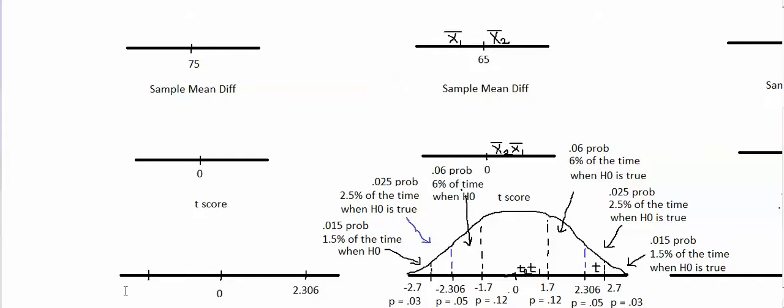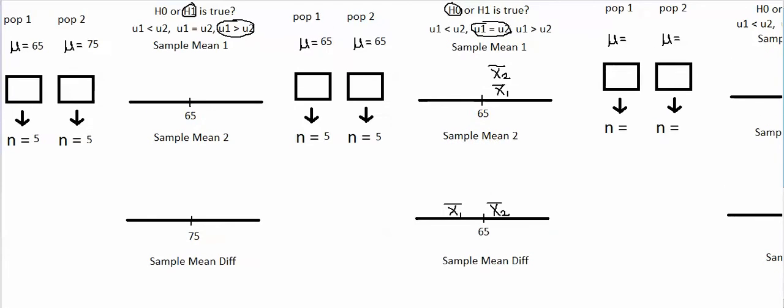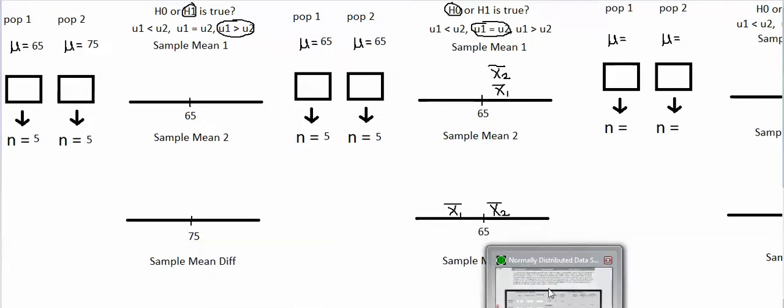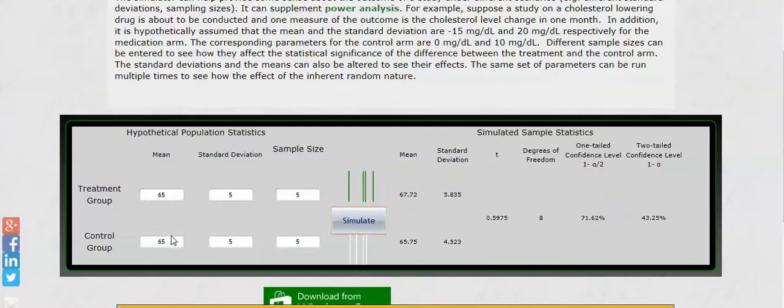It's still 2.306 and negative 2.306 for the two critical values. So this time, I want you to switch the simulation and change it to 65 and 75. Keep everything else the same.